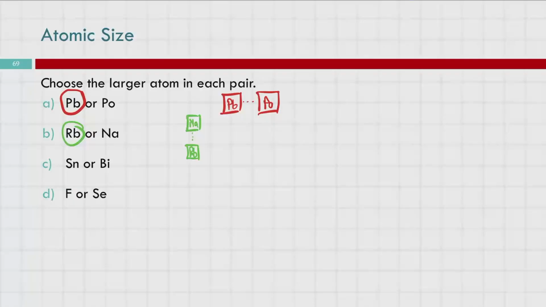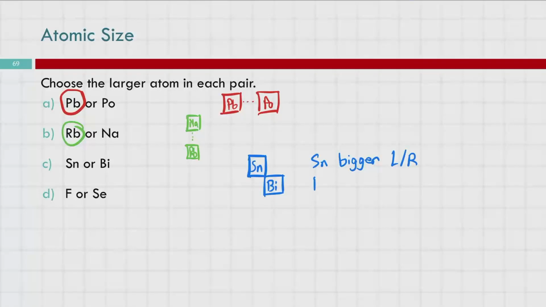So those are easy. And then we've got Sn or Bi, tin and bismuth. Left to right, which one's bigger? So Sn is bigger. Left, right. Which one's bigger, top, bottom?